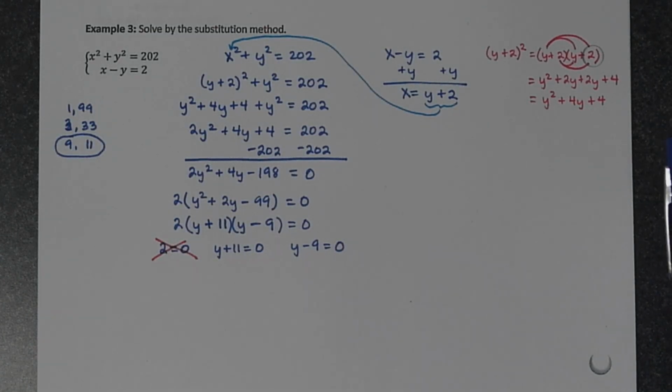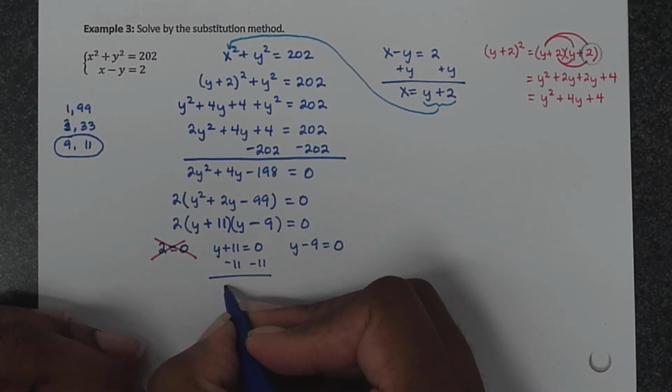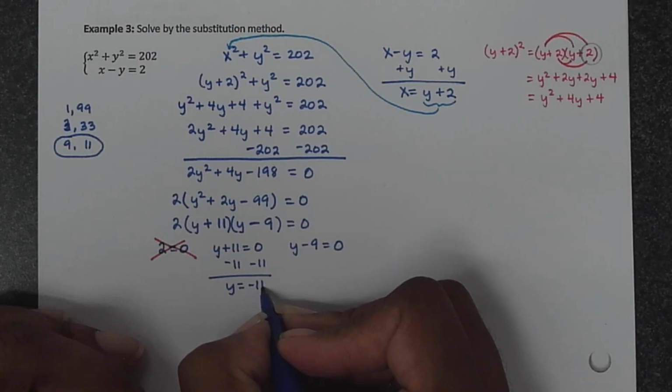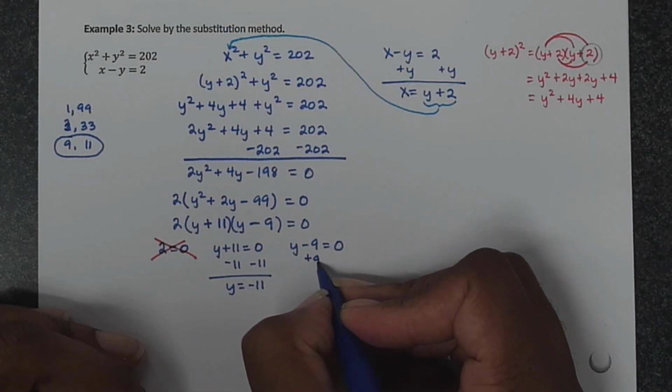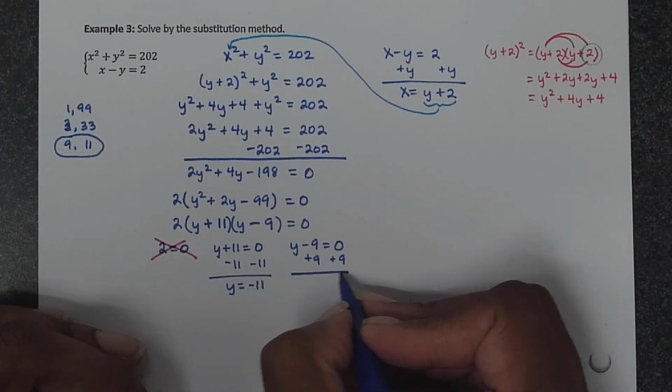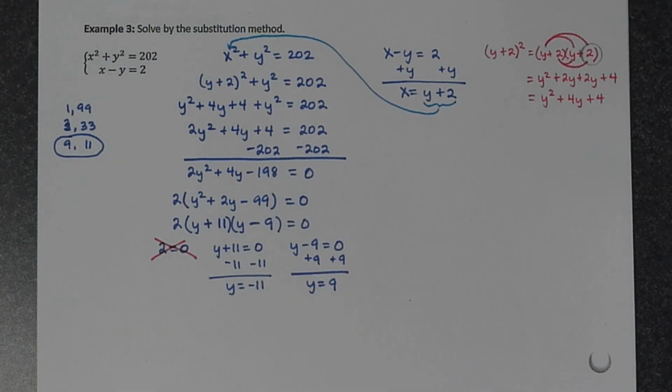For y plus 11 is equal to 0, if I subtract 11, that means y is equal to negative 11. And then for y minus 9 equal to 0, if I add 9, you'll get y is equal to 9. So these are two y values here: y equals -11, and y equals 9.